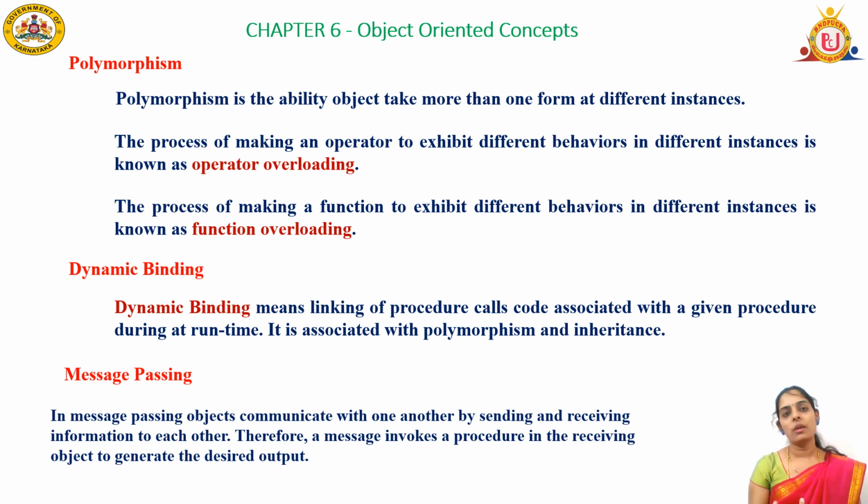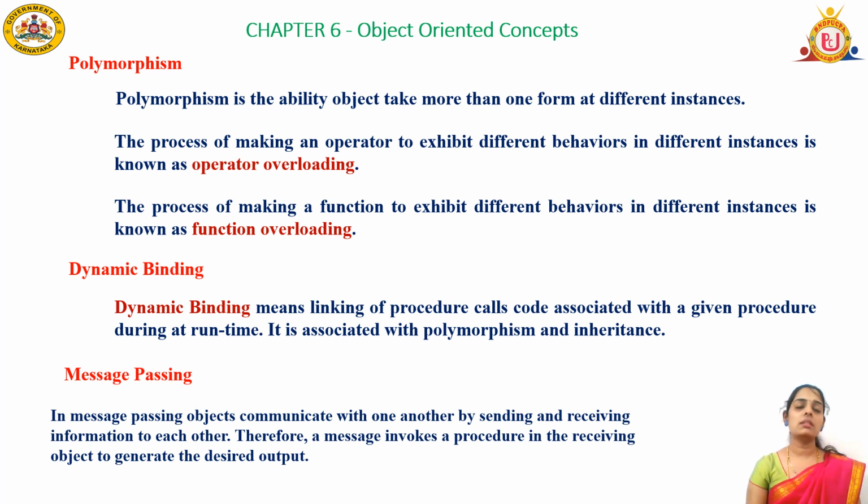But when I consider the same operator with strings, a string being a sequence of characters, it is going to concatenate, combine those two strings. So operator overloading exhibits different behaviors in different instances.